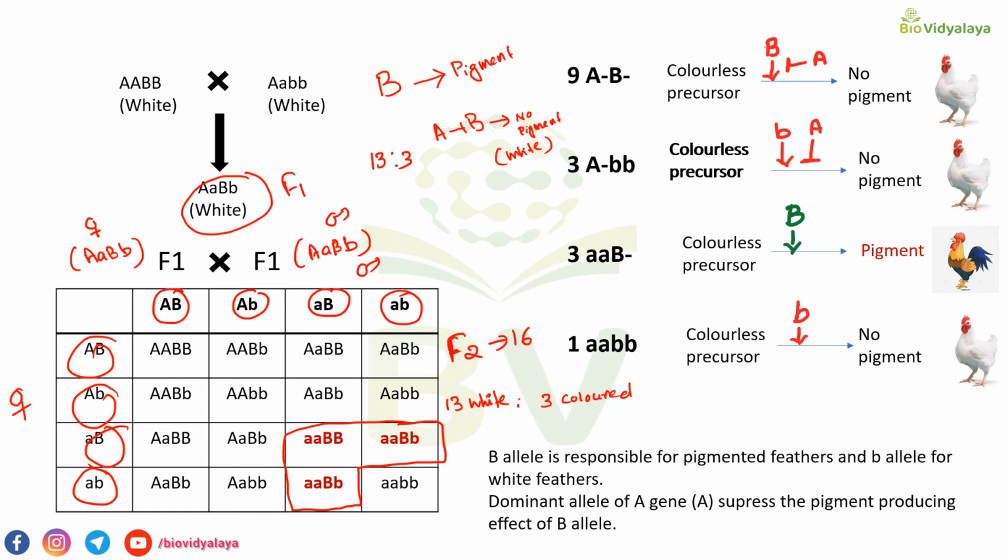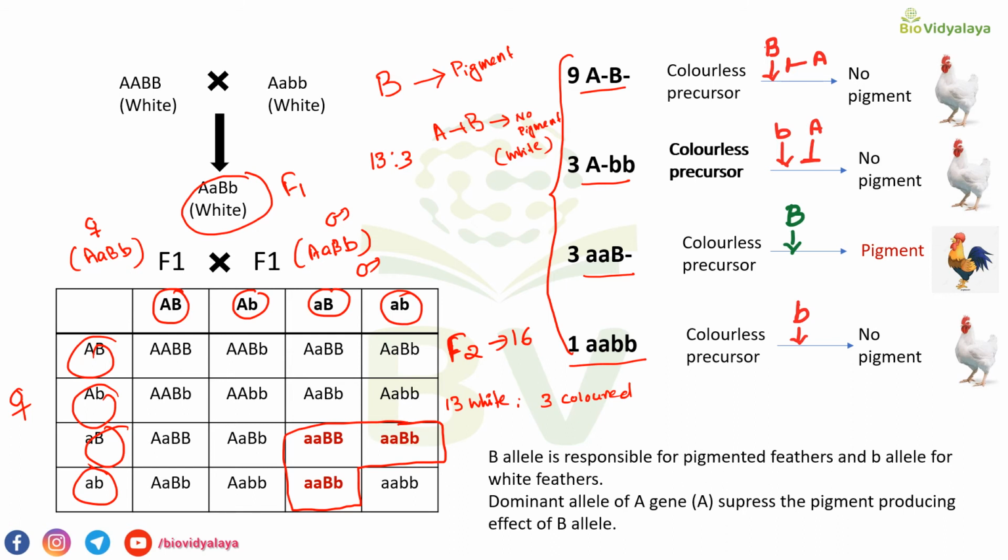So this is the normal dihybrid cross ratio, 9:3:3:1. If you know this 9:3:3:1 ratio along with these general genotypes, then you can easily answer any type of epistasis question.